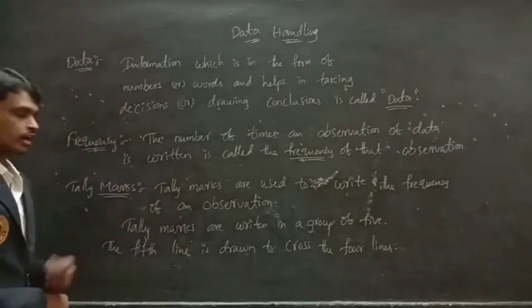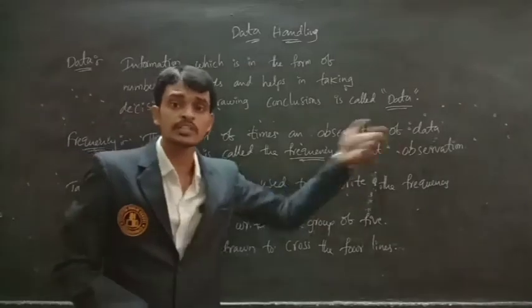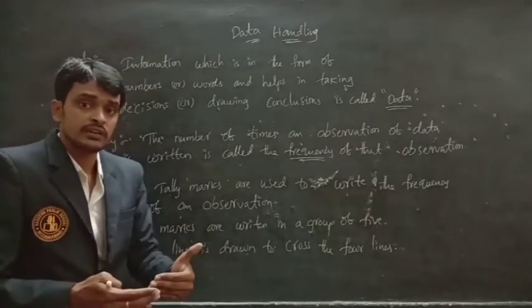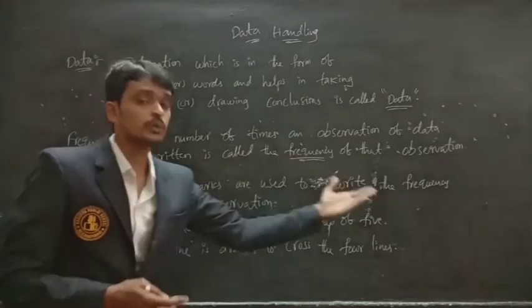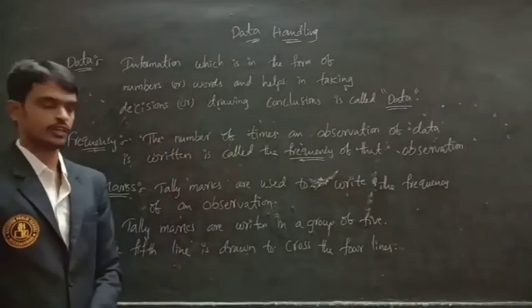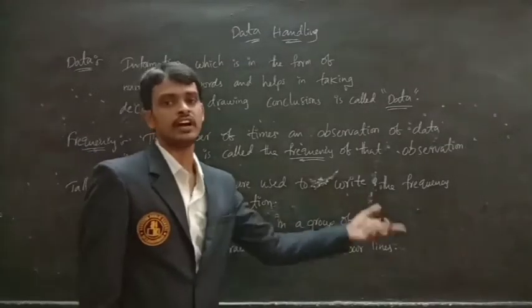Now tally marks. Tally marks are used to write the frequency, to show the frequency of an observation. Tally marks are written in groups of 5.